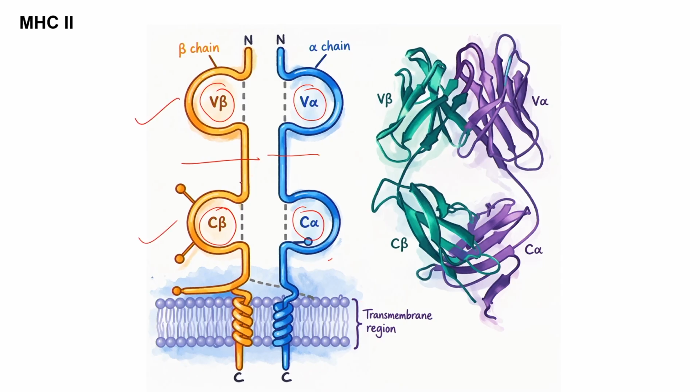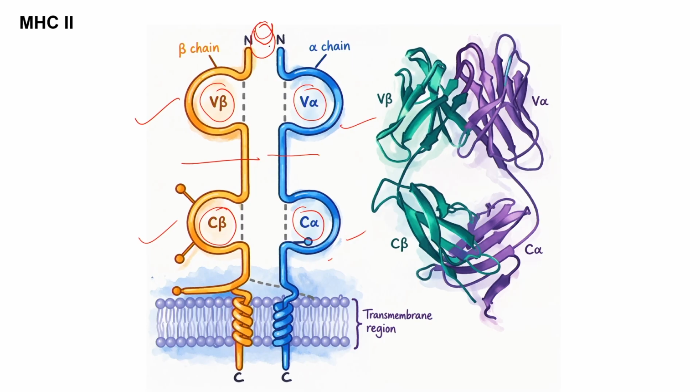So these are the two specific regions where you see variation, similar to an antibody, and therefore this particular area gives access to an antigen. That means the peptide binding regions are in between the alpha and beta chains, between the variable loop of alpha and beta.